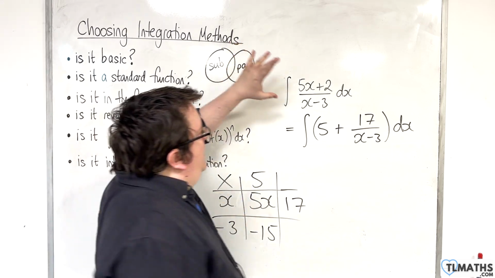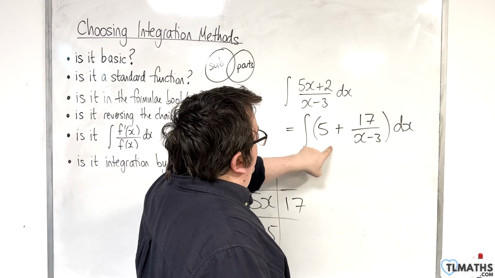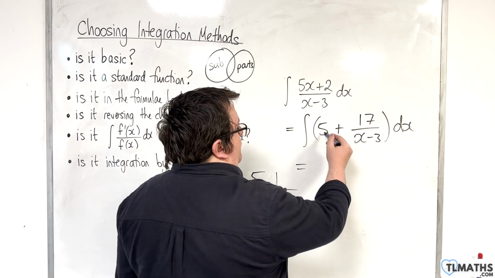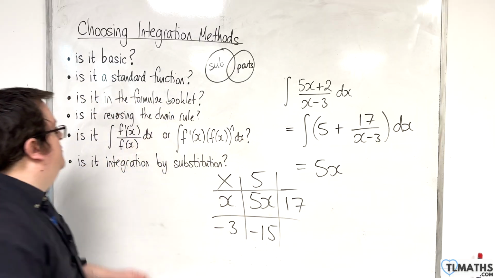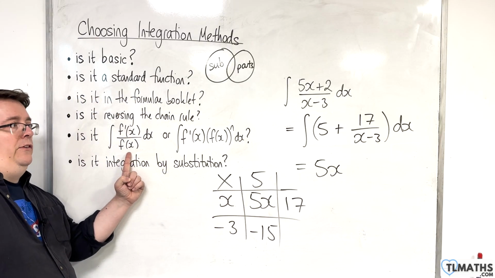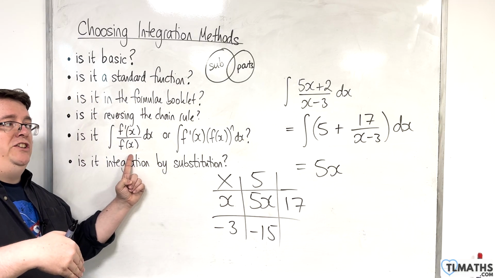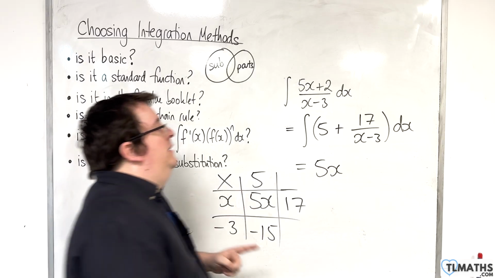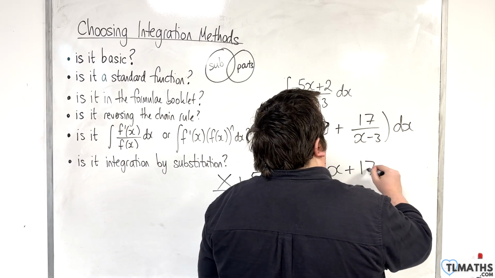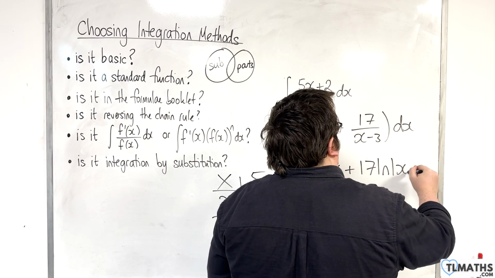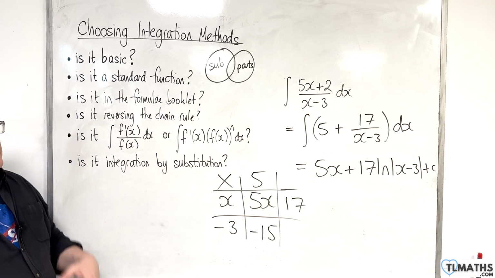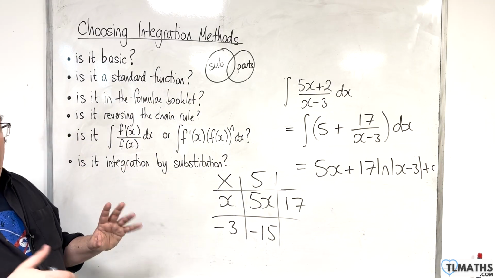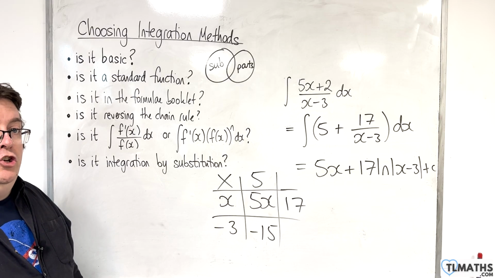So I've replaced this with this, and now I can just integrate that. 5 integrates to 5x, and this can be integrated using this, because it's a fraction. The bottom differentiates to 1. We've got 17 on the top, so this will be 17 lots of the natural logarithm of the modulus of x take away 3 plus c. Okay, and that shortcuts all of the integration by substitution.